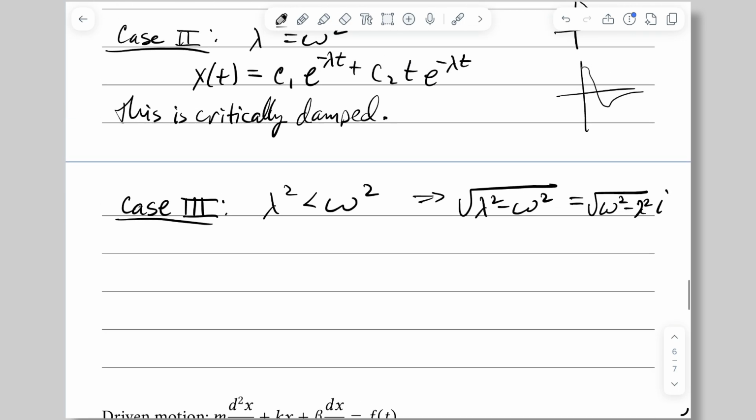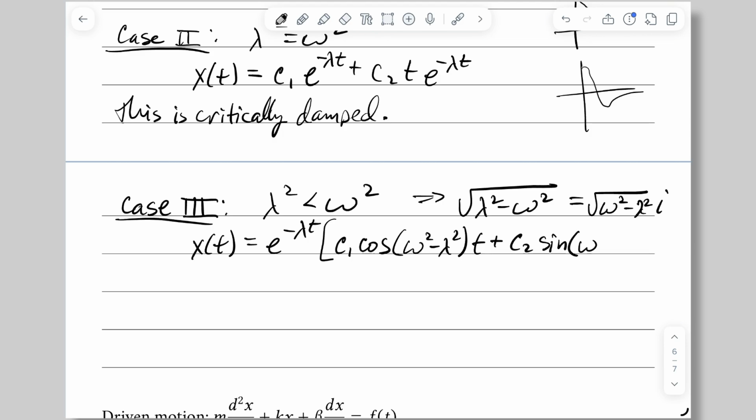The equation of motion in this type of system is x of t is equal to e to the negative lambda t times c1 cosine of the square root of omega squared minus lambda squared t, to give us a positive number in there, plus c2 times the sine of the square root of omega squared minus lambda squared t.